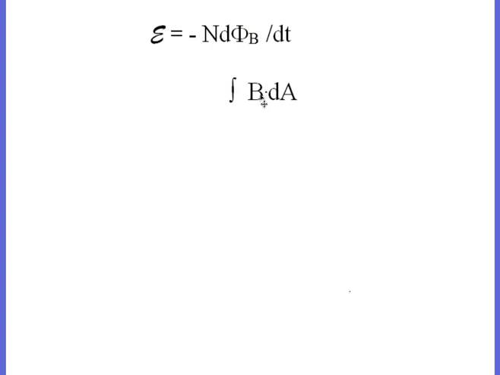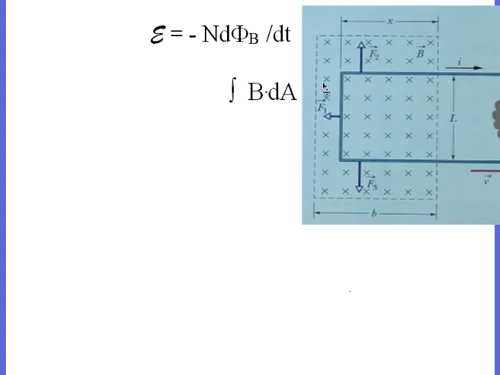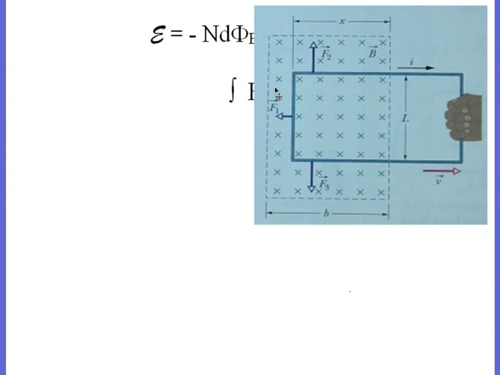So it could be that B is a function of time, or A is a function of time, or it could be that the angle between B and A, that is the most typical situation, is a function of time. Or it could be that multiple are functions of time, and you would deal with that in getting the EMF. Now, I want to consider this, pull these out so we can see them.